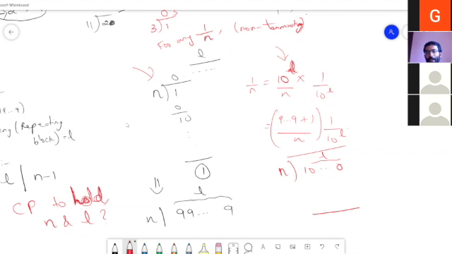The remainder would be 1. This is clear, right? If this remainder is 1, then it naturally implies that n divides. Correct, correct.